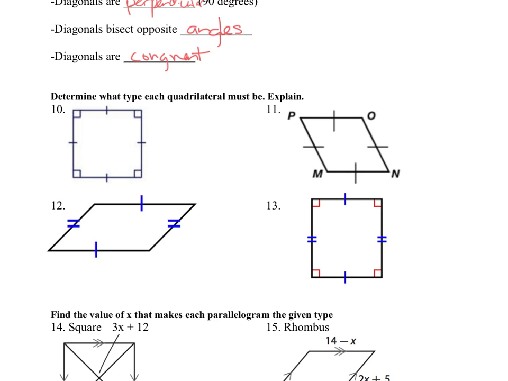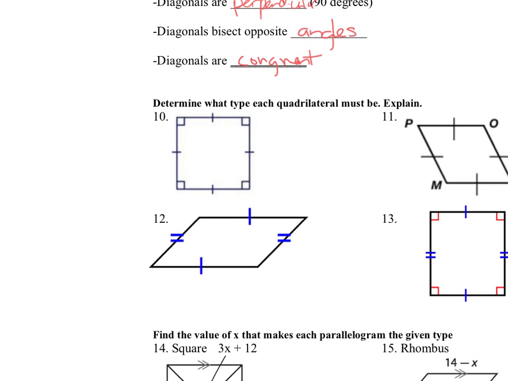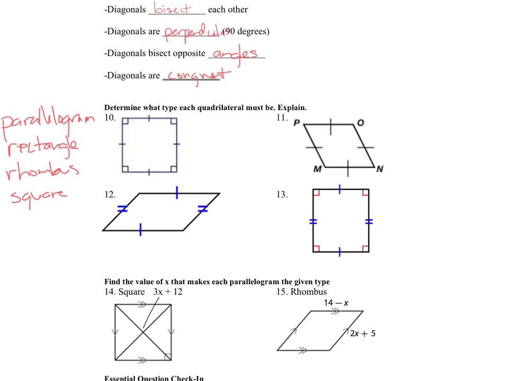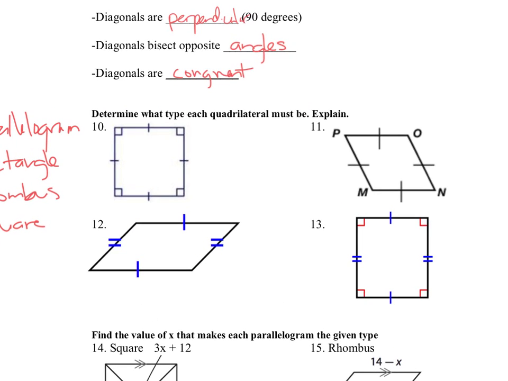So for numbers 10, 11, 12, and 13, determine what type of quadrilateral it must be. Hopefully, you can start to knock off some of your choices. We have a parallelogram, a rectangle, a rhombus, and a square. You'll notice a square is not going to be ones with opposite sides, so that gives out 12 and 13, 11 and 10. 10 is the only one with right angles, so that must be a square.